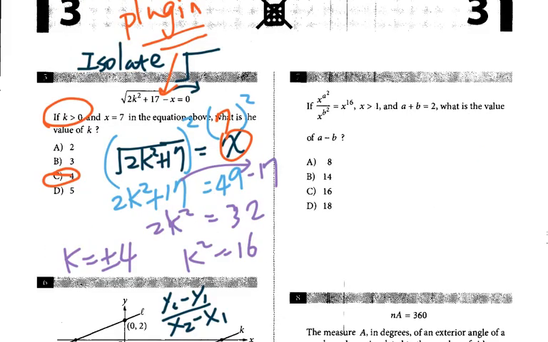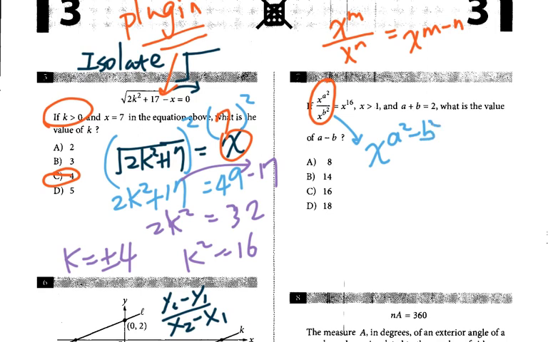Okay, for number 7, when you have x to the mth power over x to the nth power, you know that is m minus n. So I will change this one into x to the a squared minus b squared, equal to x to the 16th power. Same base, I can cancel. So I will get a squared minus b squared equals 16.